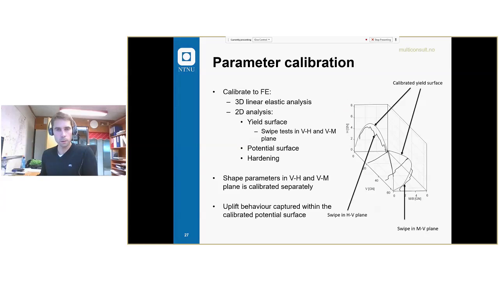We used FE calculations to define the surfaces, as you see from these lines here, and we arrived at the calibrated yield surface.